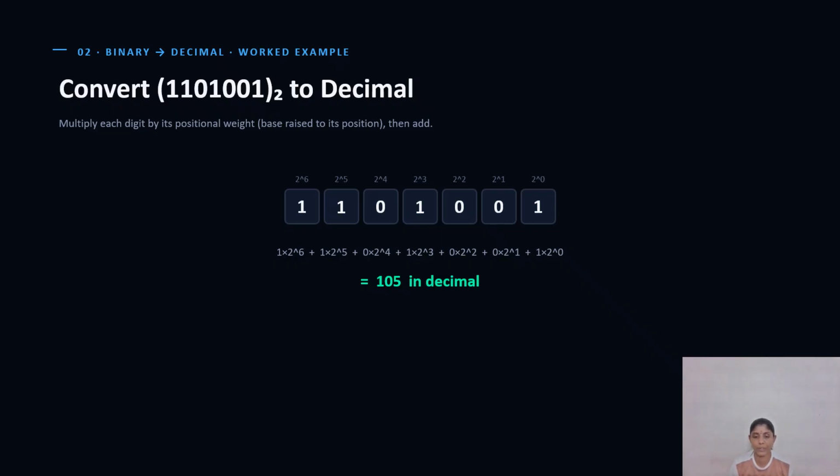Next, 2 power 3 is 8, 8 into 1 is 8. Next, 2 power 5 is 32, 32 into 1 is 32. 2 power 6 is 64, 64 into 1 is 64. So the values are 64 plus 32 plus 8 plus 1. What is the decimal representation you got? 105.